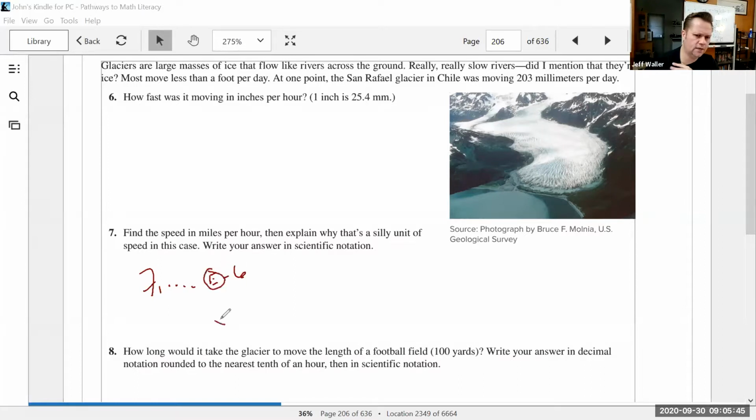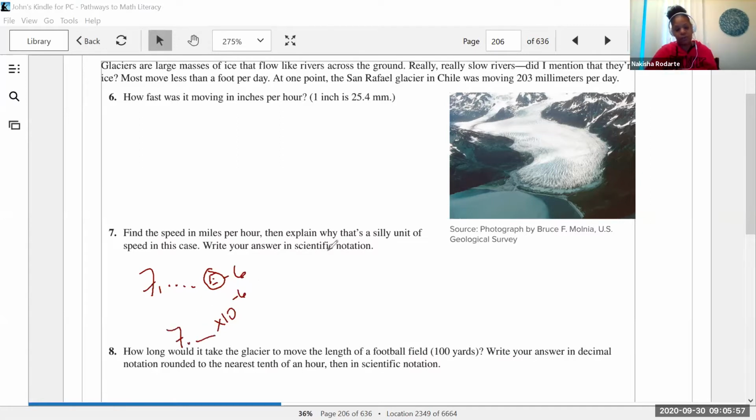E means times 10 to the. Do I just round off the first number? So if it's 7.34 and a whole bunch of numbers, do I just write 7.34 times 10 to the negative 6, or do I write all the numbers? Not all the numbers.